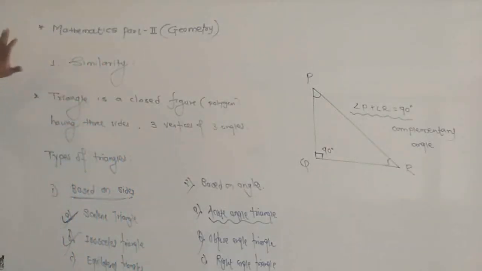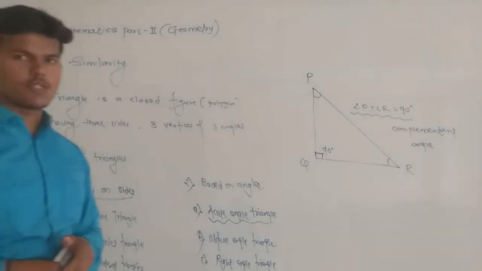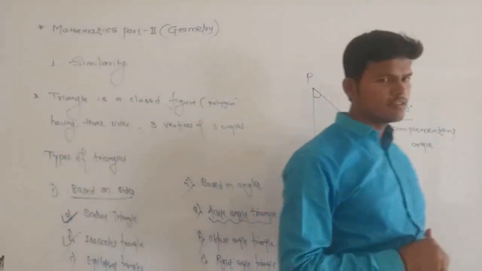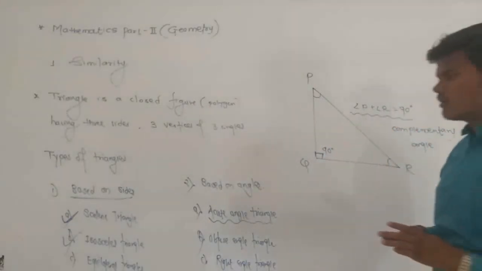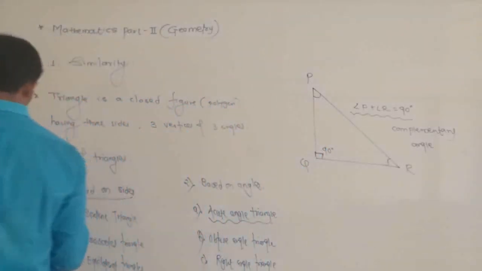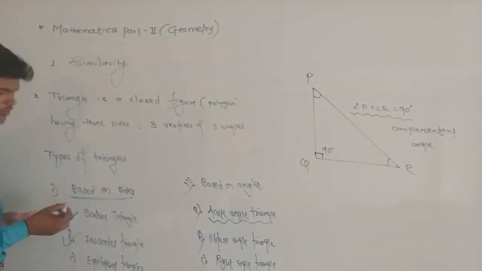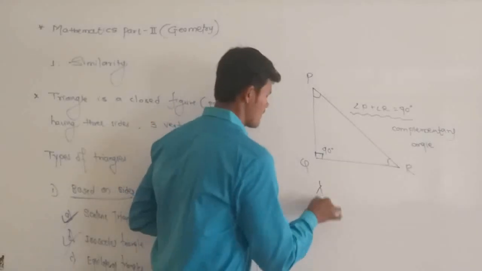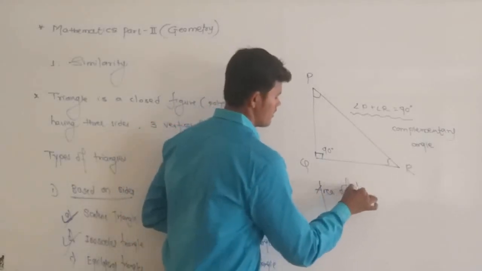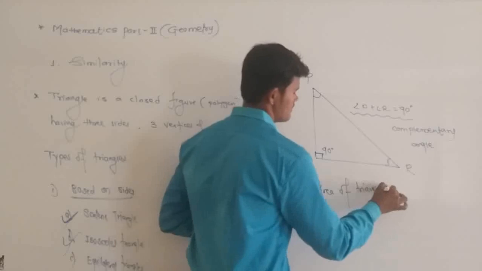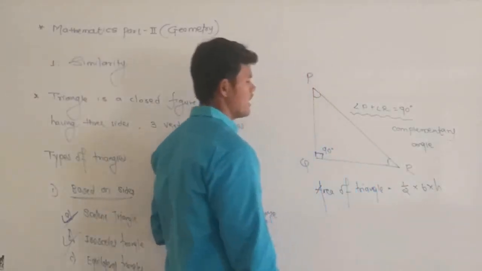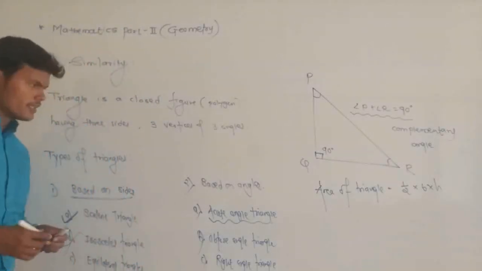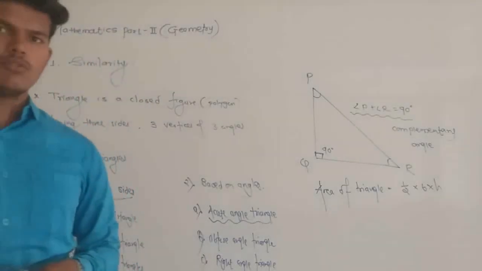So this is all about what a triangle is and the types of triangle. There were a total of 6 types of triangles. Now the next part is how to find the area of a triangle. We have already seen that the formula for the area of a triangle is half into base into height.